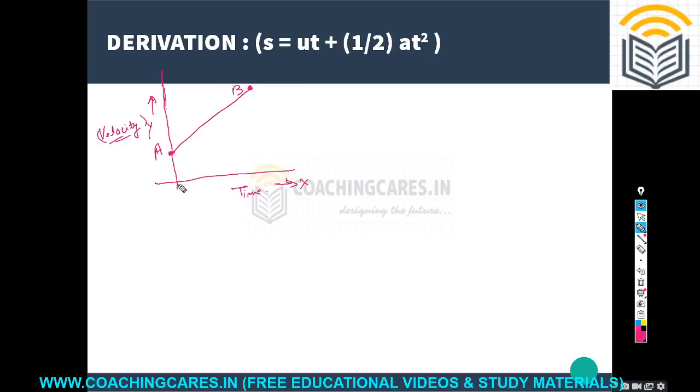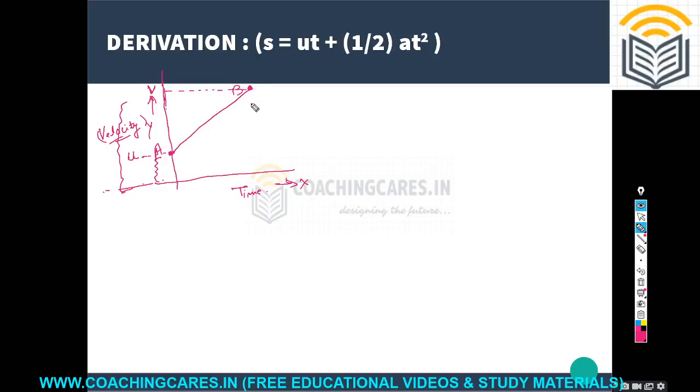Along the velocity axis, this is the initial velocity where the object starts, which we denote by u, and this is the final velocity, which we denote by v. So u is basically this distance, and v is the whole distance from the x-axis.